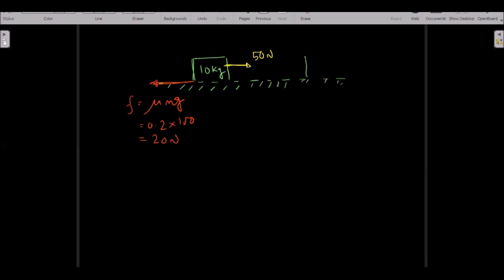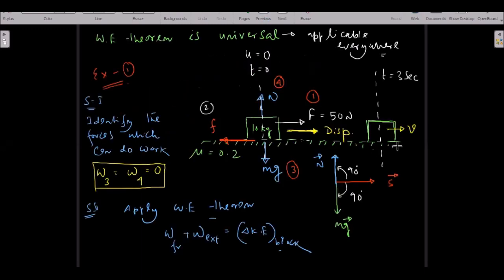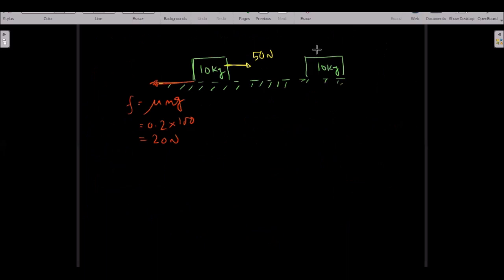So it will be here, 10 kg after 3 seconds. So this is t equal to 0. This is t equal to 3 seconds. Fine, all right, no problem. So we can find out the acceleration. a is equal to what? 50 minus 20 by 10, 30 by 10, that is equal to 3 meter per second square.